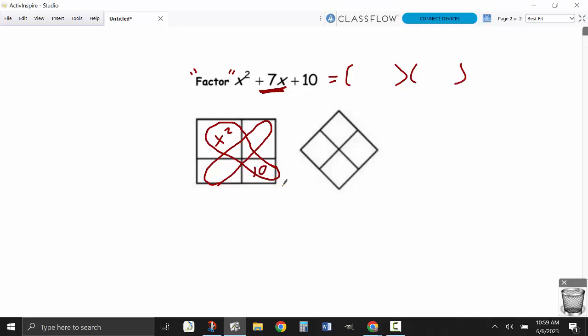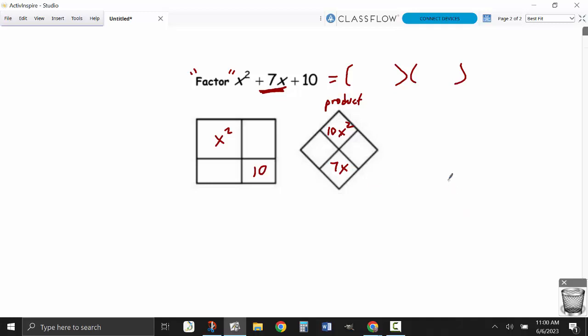If both of them have to have the same exact product, then these two boxes have to multiply to match 10x squared in this problem. So my product has to be 10x squared, and the sum is the sum of these two boxes, the total number of x's. So I'm going to say the sum has to be 7x.